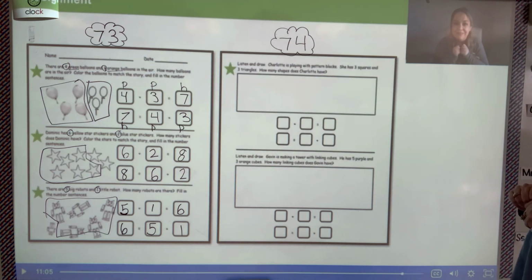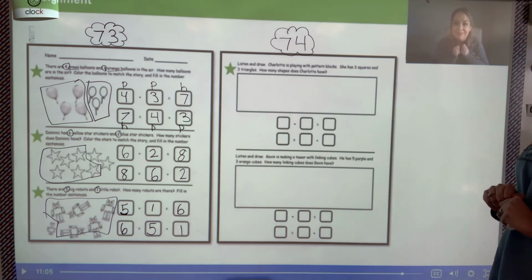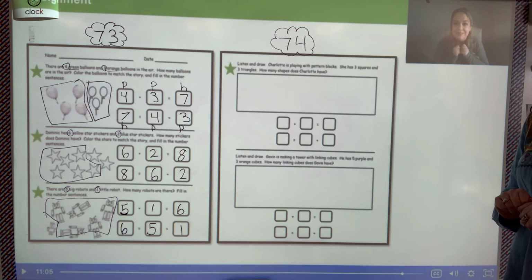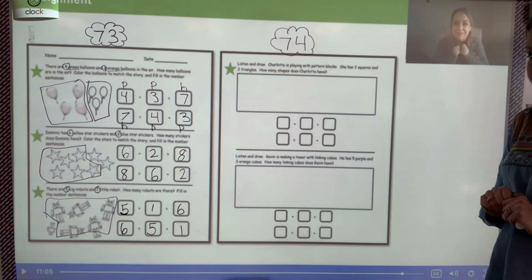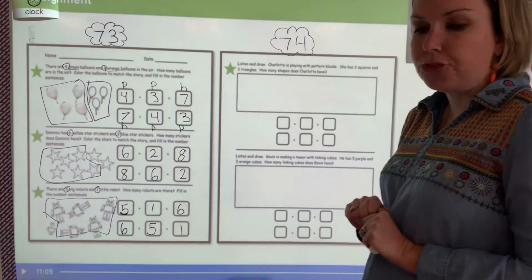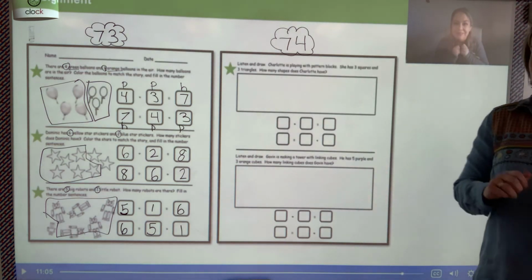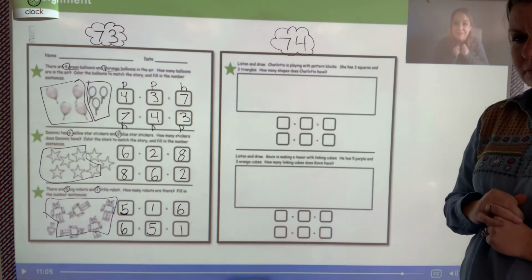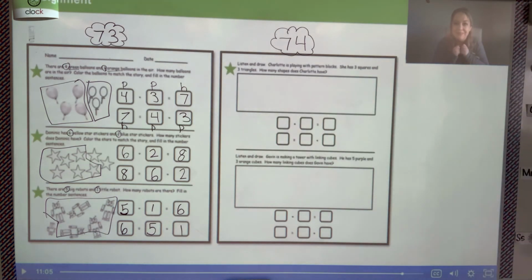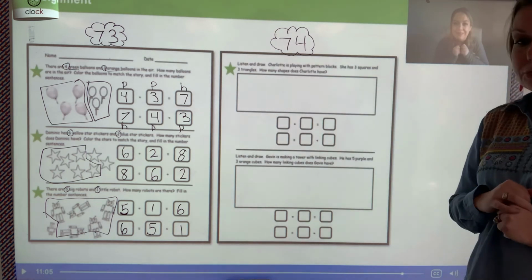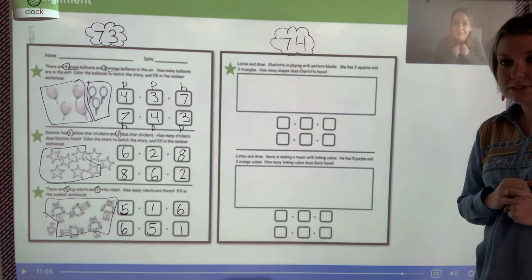Charlotte is playing with pattern blocks. She has 3 squares. Draw what I say. She has 3 squares. And 3 triangles.